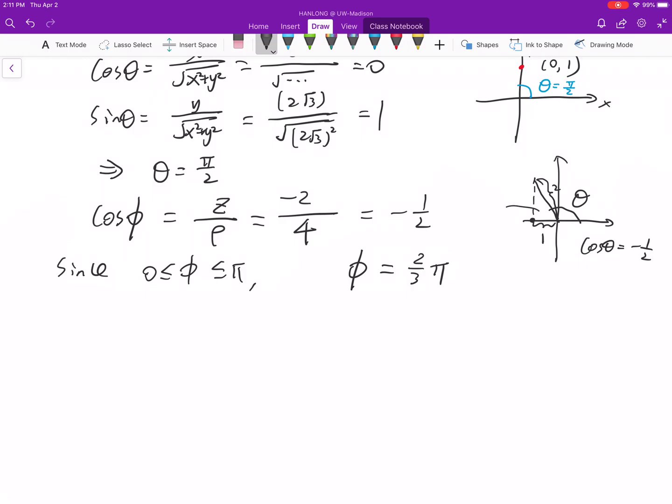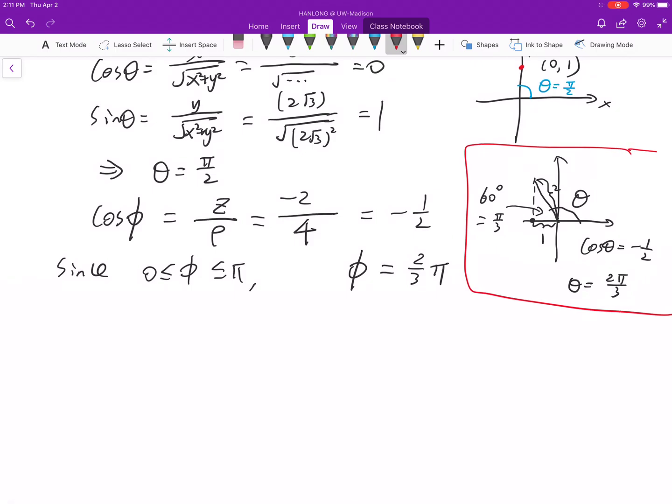And then this angle actually is 60 degrees or pi over 3, so totally phi will be 2 pi over 3. Okay, as a conclusion, rho, theta, phi corresponding to the point is 4, pi over 2, 2 pi over 3.